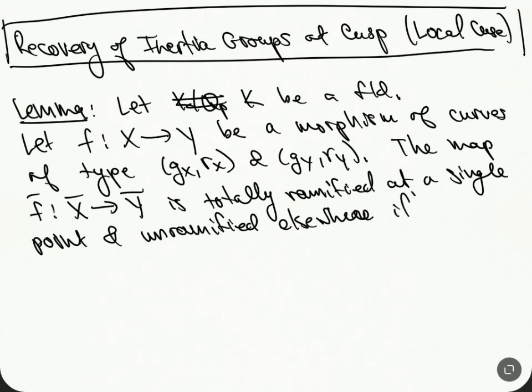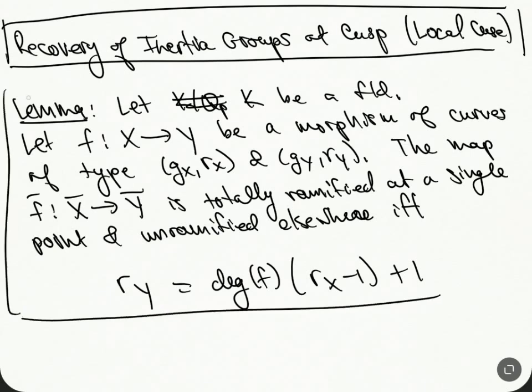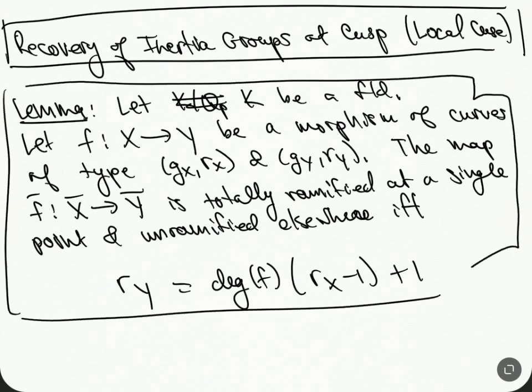if and only if we have the following numerical condition. It says that the degree of f times (r_y minus 1) plus 1 equals r_x. Okay, so this is the lemma. This is just a numerical condition, and the proof is really easy. So, proof by picture.